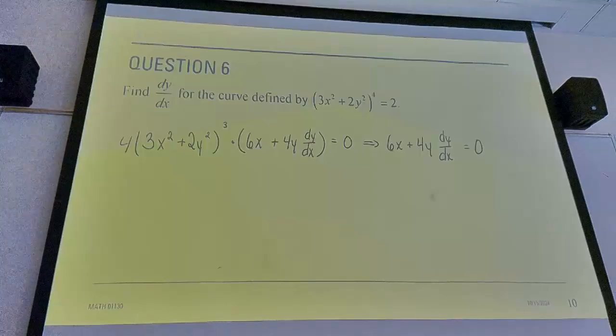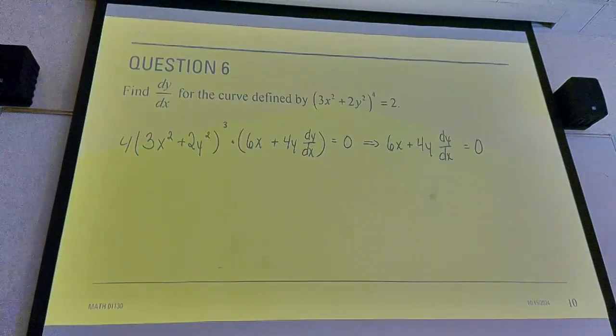Look at the original relation. What do you get? That would give you 0 equals 2, which is bologna sausage. Specifically, I can divide by it because for every xy value, 3x squared plus 2y squared is the 4th root of 2, which is most certainly not 0. Which makes this problem a lot easier, because if it could be 0, then I wouldn't be able to do that.